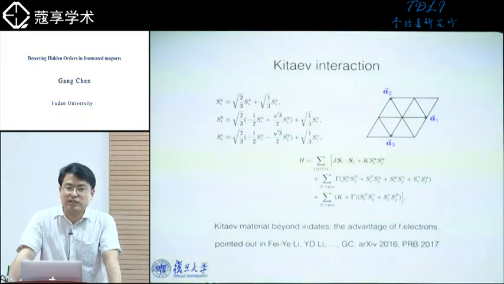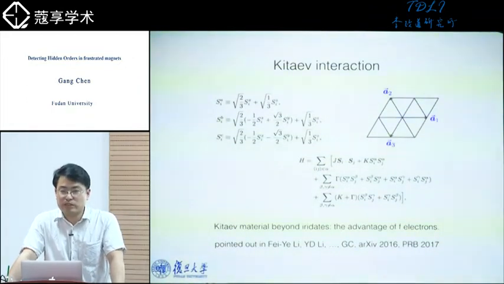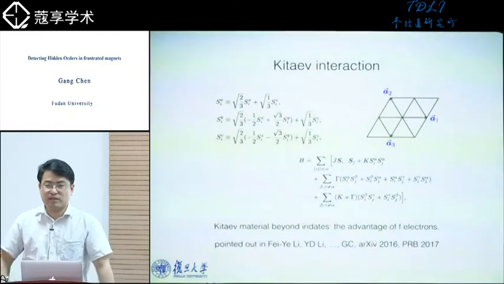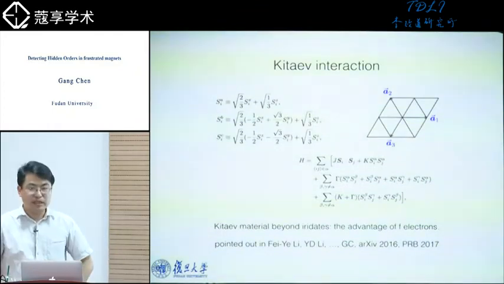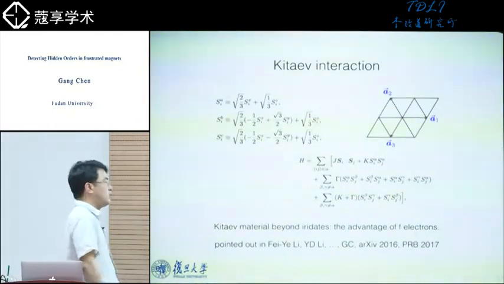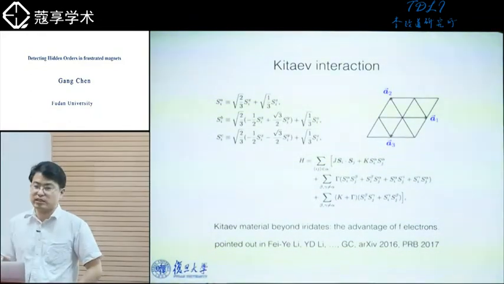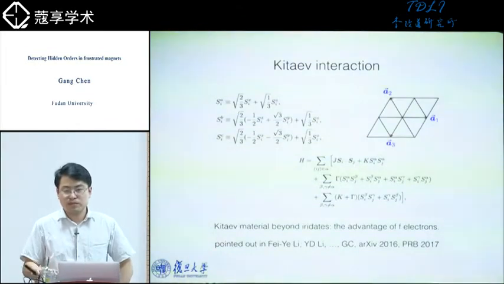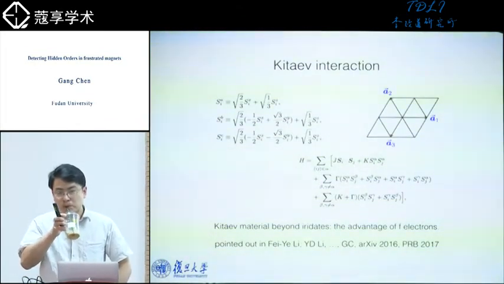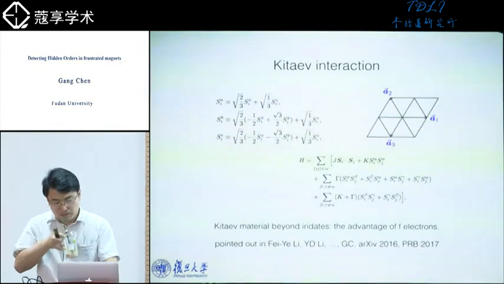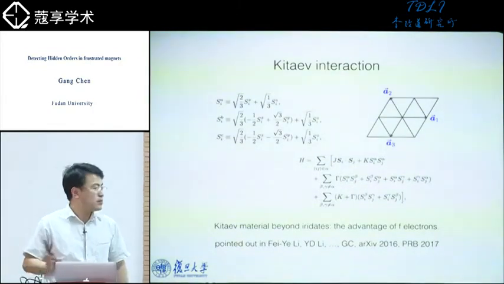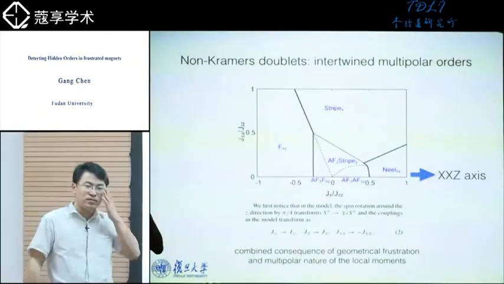So the thing is, there is a microscopic reason to support the emergence of this term. As I said, there is this threefold rotational symmetry of spin-orbital entangled nature. In this situation, it's more natural to factorize all this. They're orthogonal.